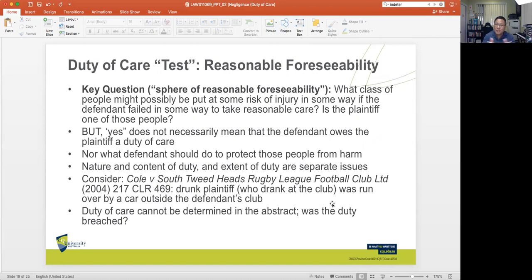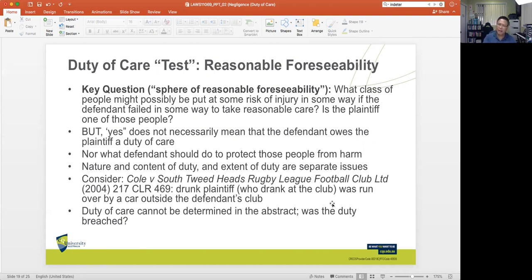It can't be indeterminate, so that you become potentially liable for everything. So the key question is, what class of people might possibly be put at some risk of injury in some way if the defendant failed in some way to take reasonable care? And is the plaintiff one of those people? So that's the basic question.